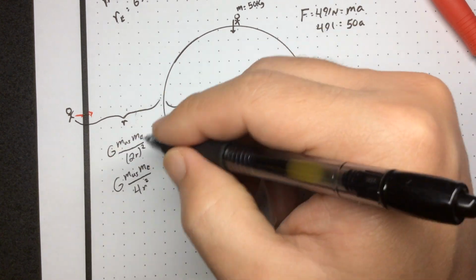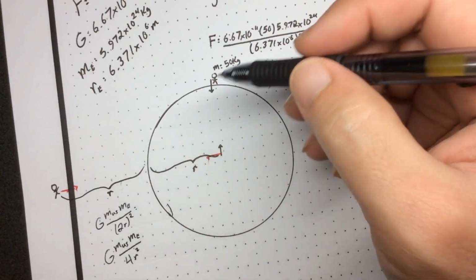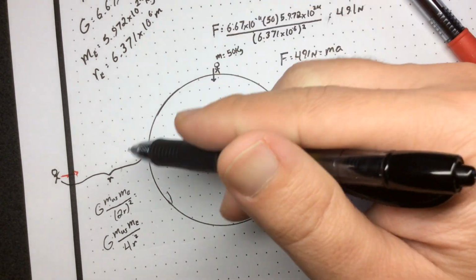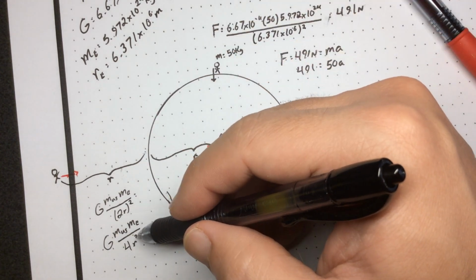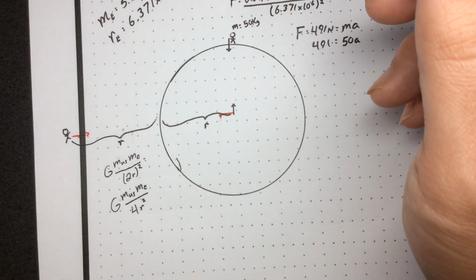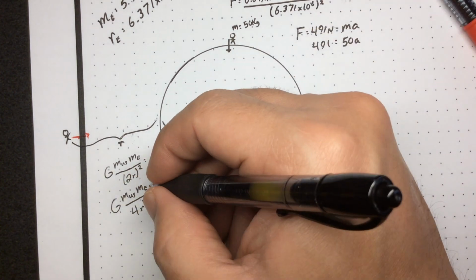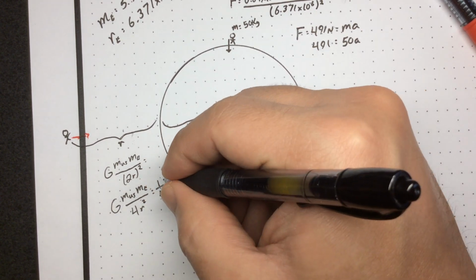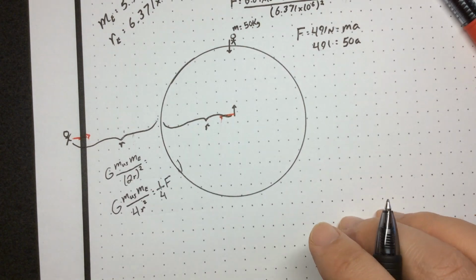And if everything is the same, g is the same, the masses are the same, mass of Earth is the same, the only thing different is that 4 there instead of the none that was there before. And so all we would do to figure out the new force is say, hey, it's 1/4 of the force that it was before.